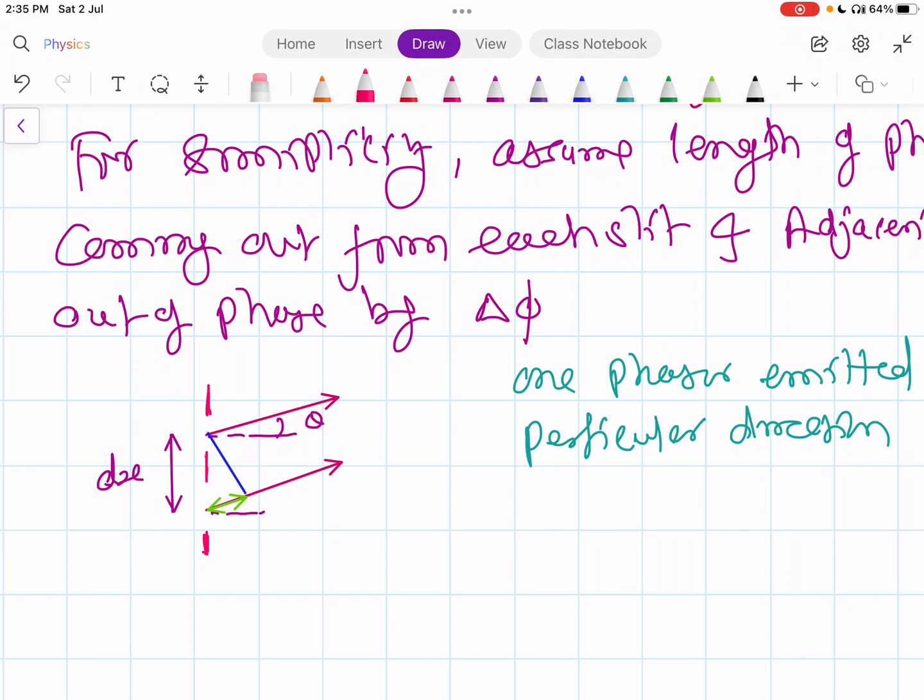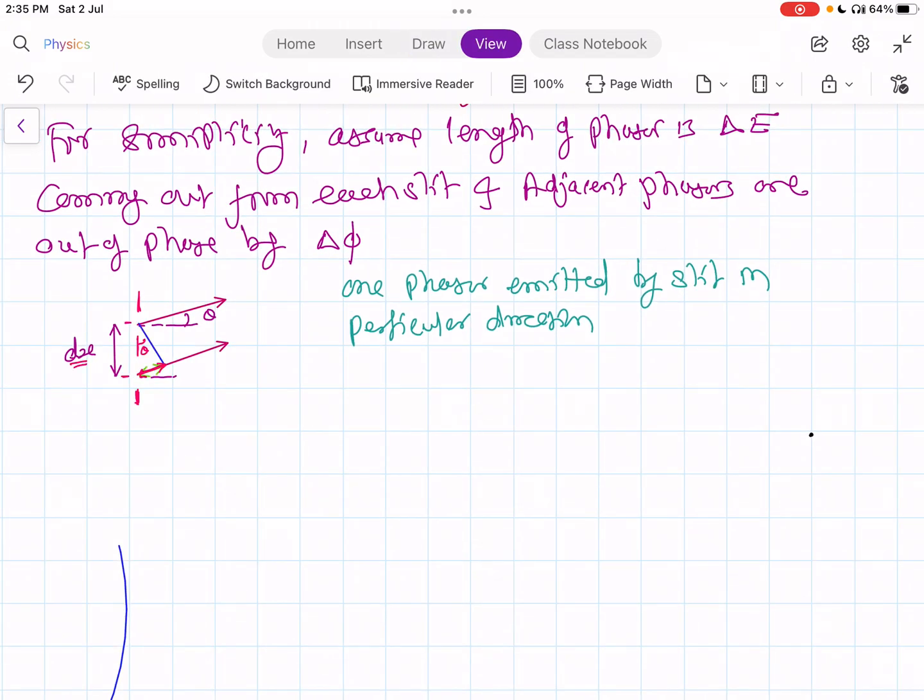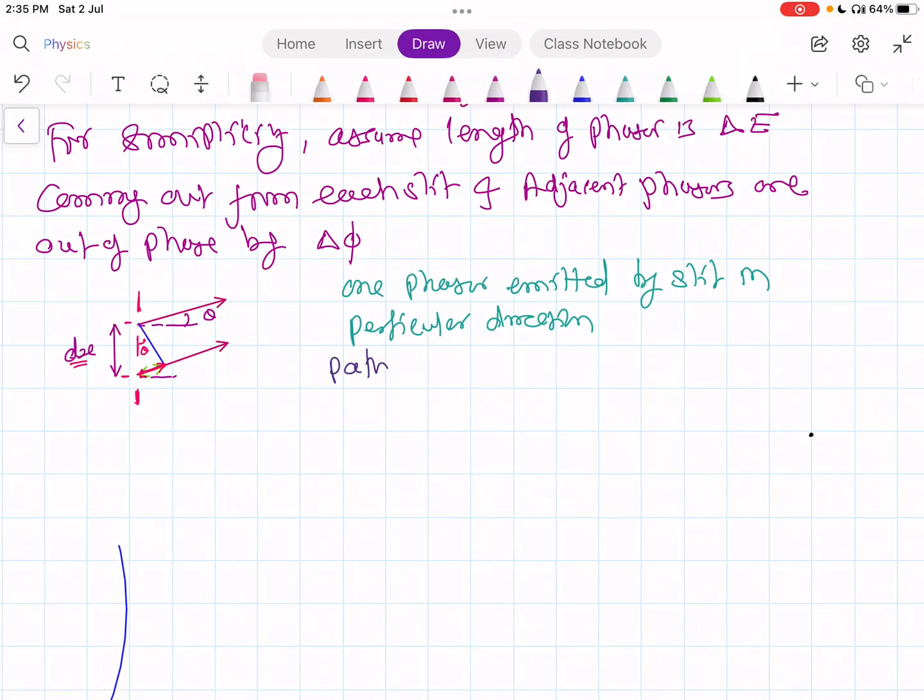As you see here, this angle is theta, the distance between the two centers is dx, so the path difference between the two adjacent phasors is dx sine theta.